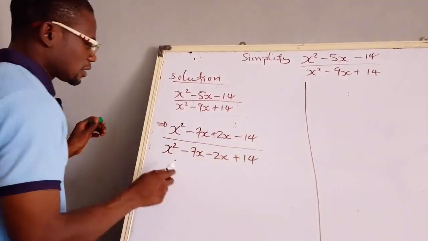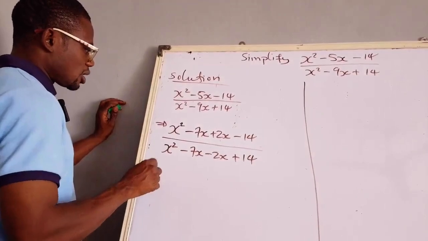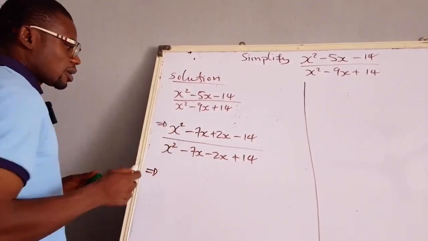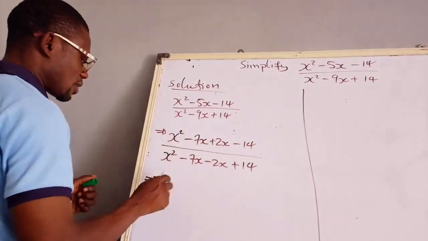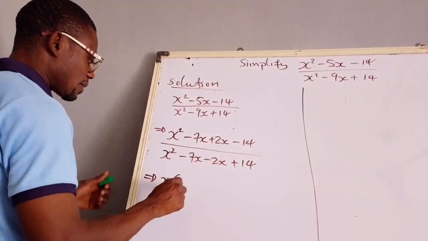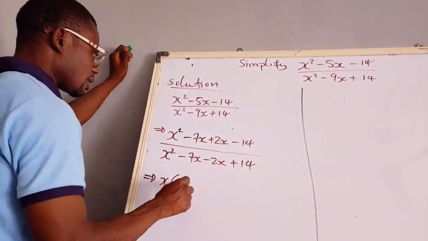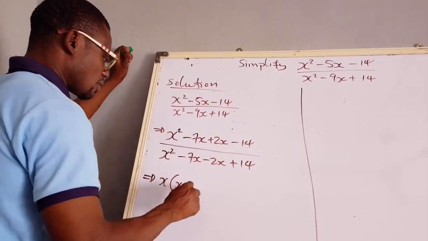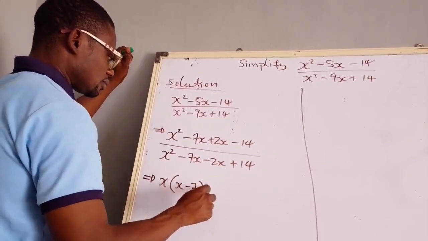Now, when you have gotten here, you can factorize. I've already started our factorization. So I have my x here. x times x will give me x squared. So I'm going to go with minus 7.